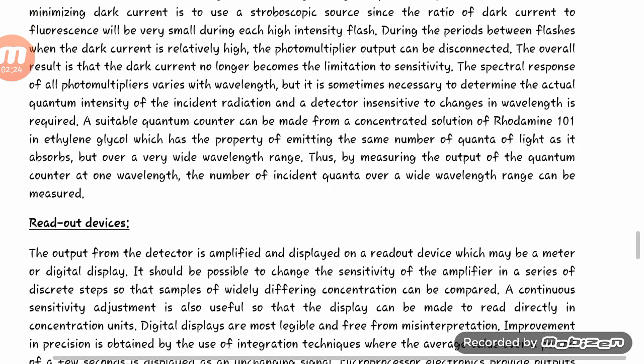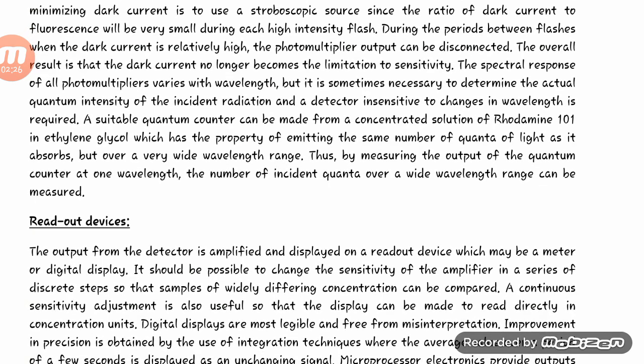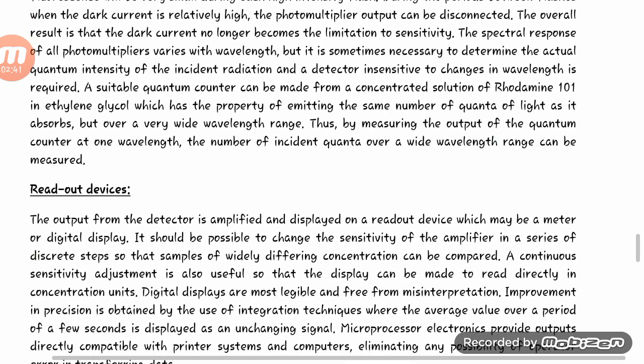The spectral response of all photomultipliers varies with wavelength, but it is sometimes necessary to determine the actual quantum intensity of the incident radiation, and a detector insensitive to change in wavelength is required.